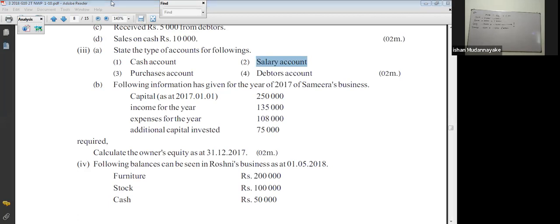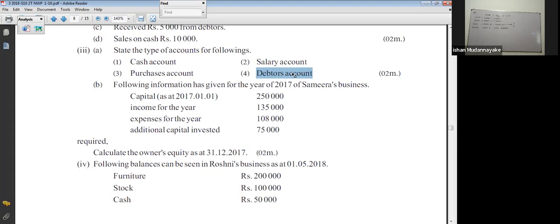Right. And then purchase account: expense account, purchase expense account. Fourth one, debtors account: asset account.